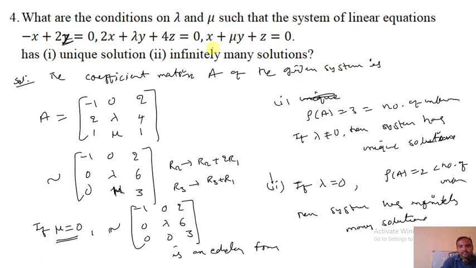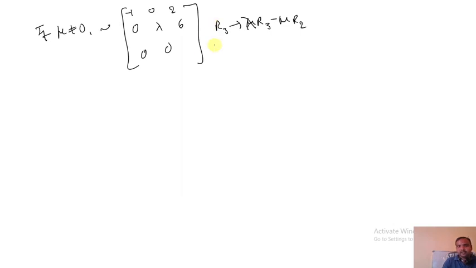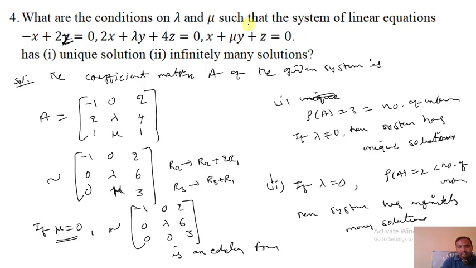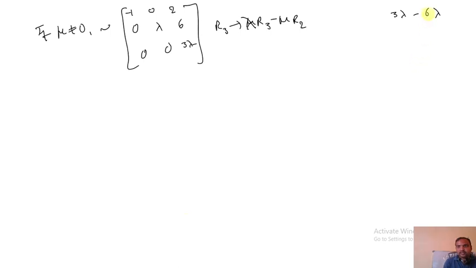Now this one, we will get 3 lambda minus 6 nu... okay, I made a mistake, sorry. This is 4 plus 4 is 8, so this one is 8.